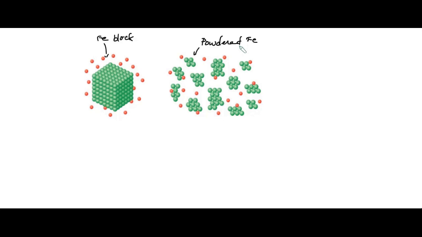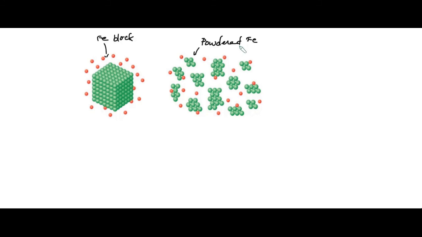But when I'm going with powdered iron, a lot of particles are getting exposed to the copper sulfate solution. More copper sulfate molecules will be undergoing collision with the iron particles, and hence the rate will be faster if we are going with powdered iron.